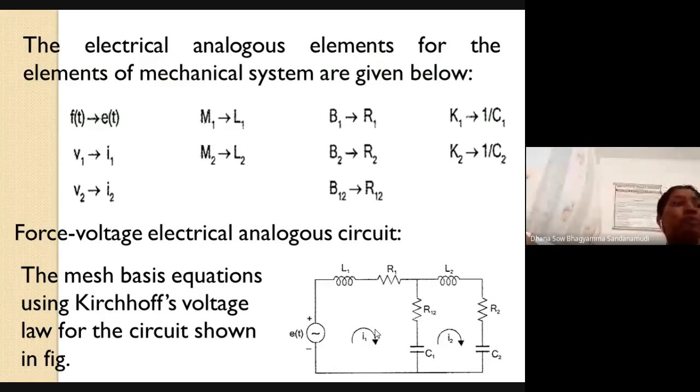If you have any doubt, ask me. This is the force voltage analogous circuit for the given mechanical translational system.